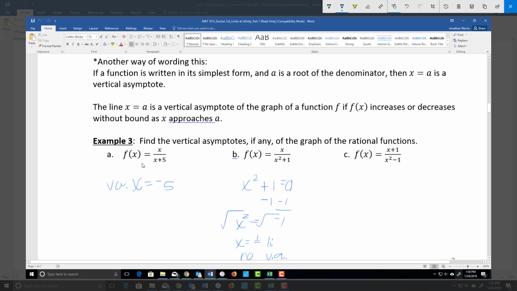Okay, now on part C, this gives us a really good example of what simplest form is talking about, the function needing to be in simplest form, because what happens is this f of x can be rewritten as x plus 1 over x plus 1 times x minus 1. And the x plus 1's cancel.